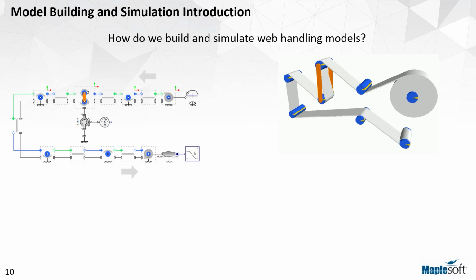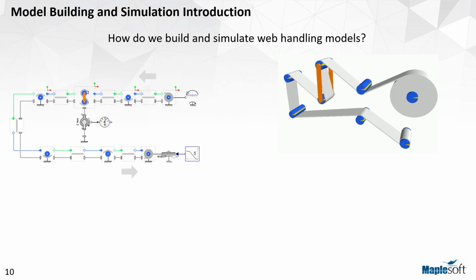For this one, I'm going to build it live on the next screen, but it is this unwind to a rewind with a rotational dancer in the middle of it. And you can see in the block diagrams the drums, the SRAP with the rotational joint constraint, as well as some control.